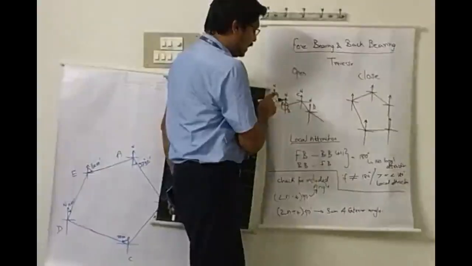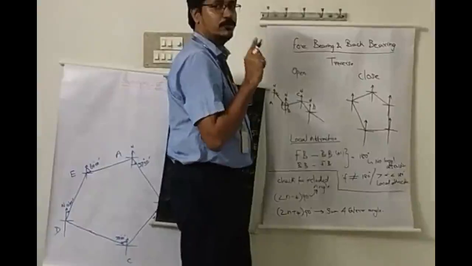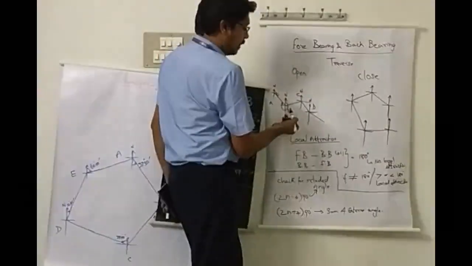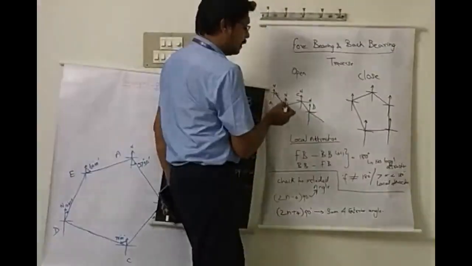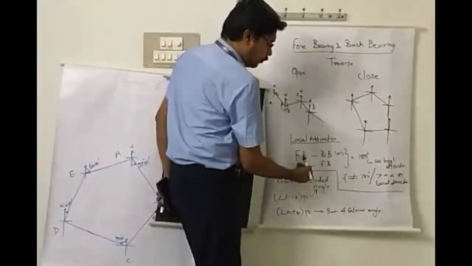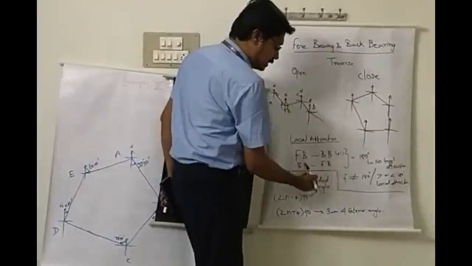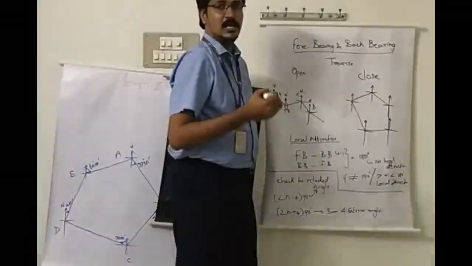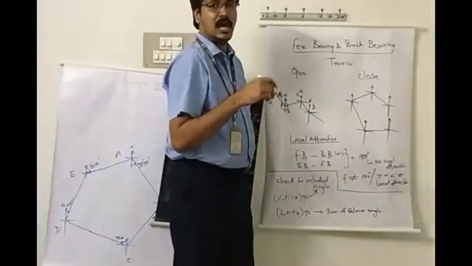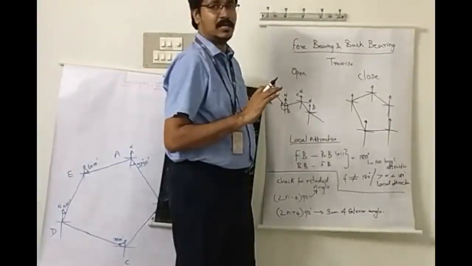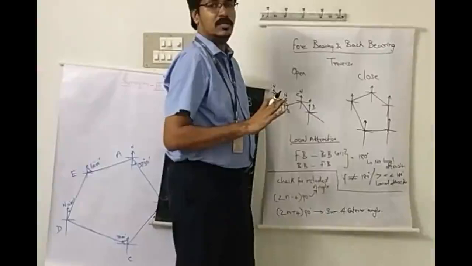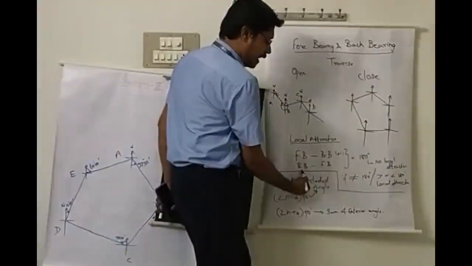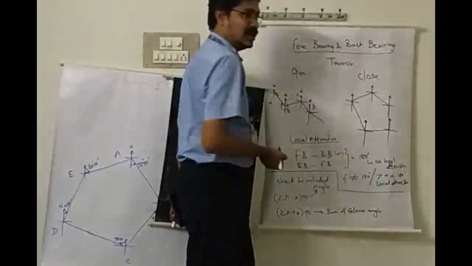The line AB will have both the forward bearing, from A, and the back bearing, from B. So this forward bearing minus back bearing, or the back bearing minus forward bearing, must be equal to 180 degrees if the area is free of any magnetic particles, that is, free from local attraction.